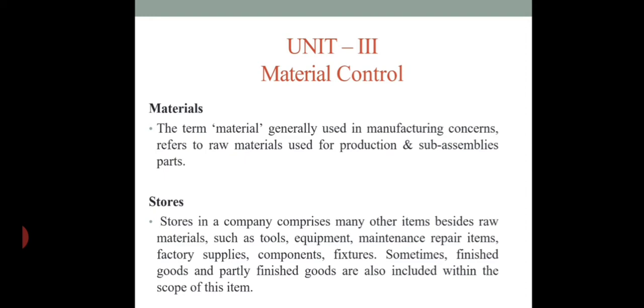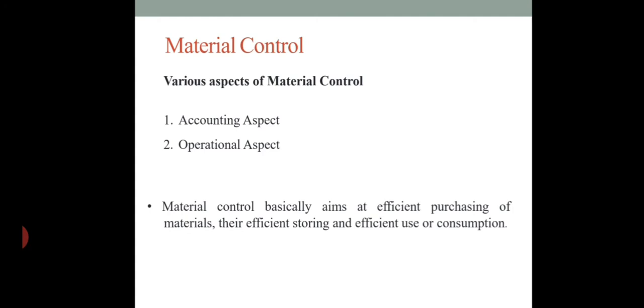So next we will see what is material control. Material control is the cost-based control of material, designed with the object of maintaining the material supplies at different levels so as to ensure uninterrupted production, but at the same time minimizing the investment of funds.